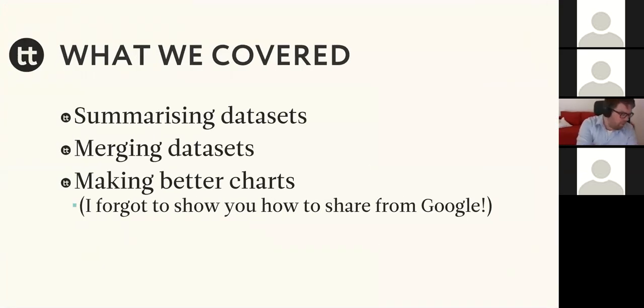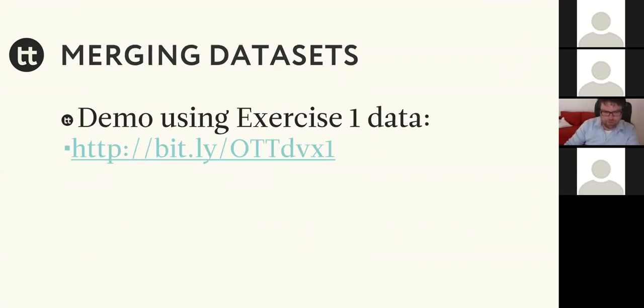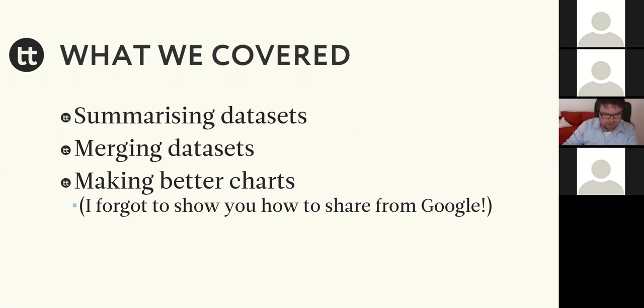One of the things that we did last time was, of course, summarize the data sets. And that works really great for the ones that we need to use to create Excel charts, and then we also merge those data sets.